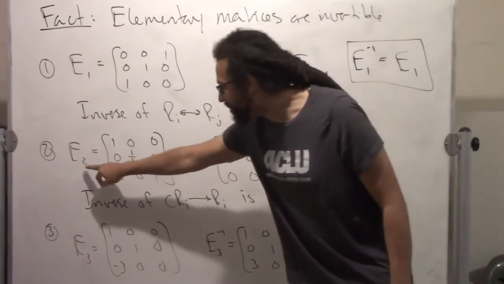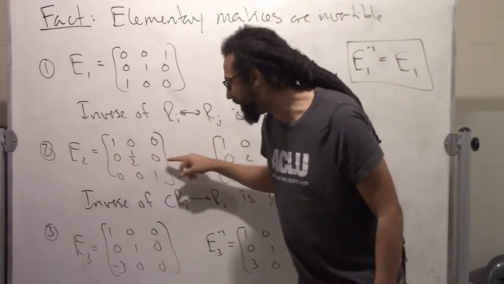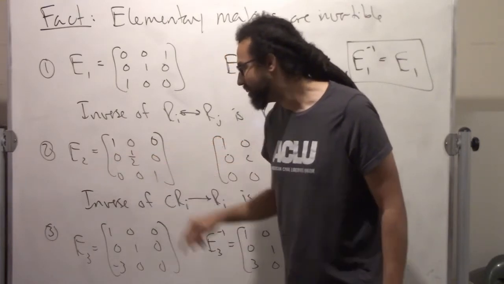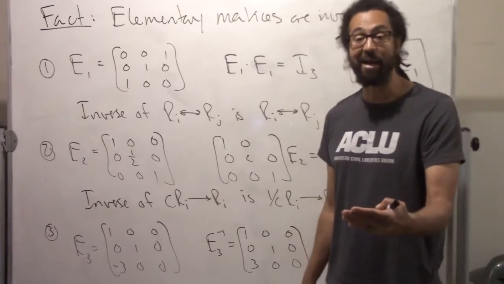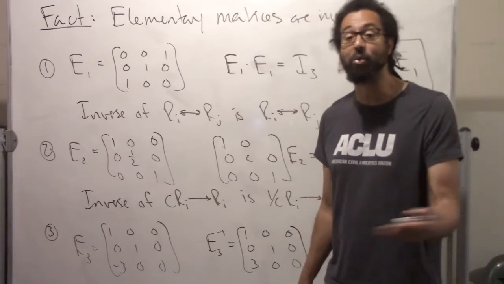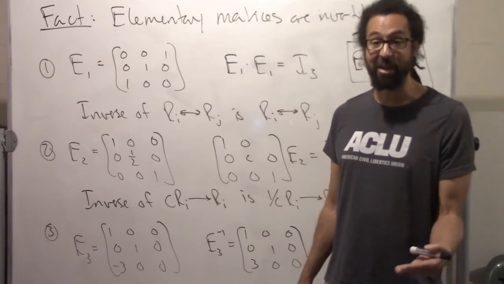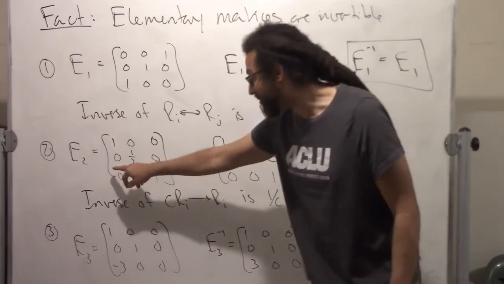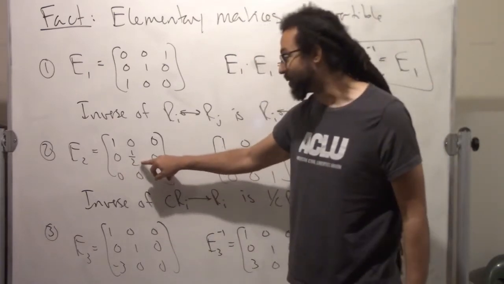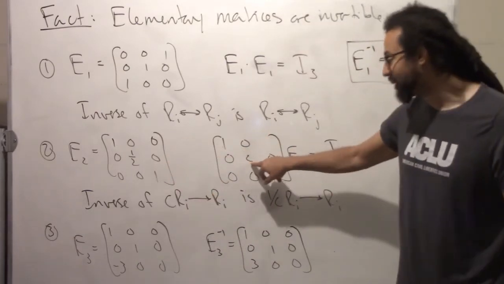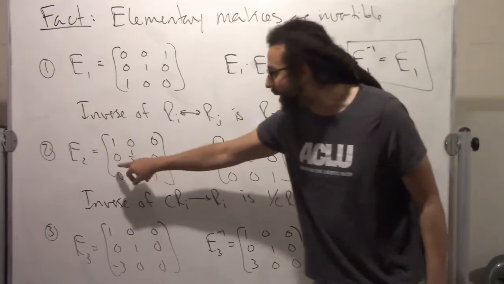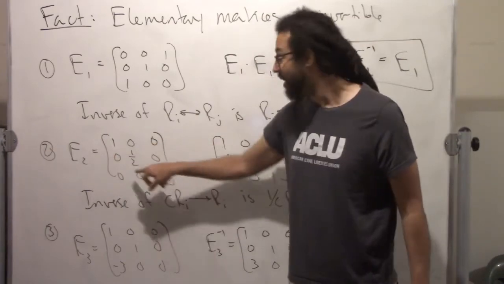And then remember, this is the thing where we multiplied the second row by a non-zero scalar. So multiplying any row by a non-zero scalar can be undone, right? If I multiply by the non-zero scalar 1/2, how do I undo that? Well, how do I get this thing back to the identity?